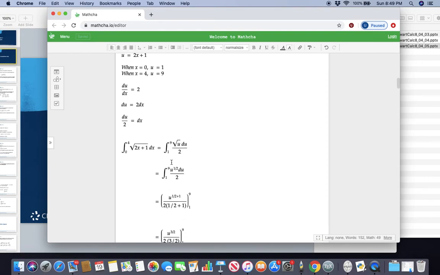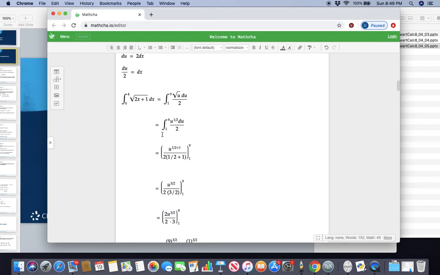Square root u is nothing but u to the power half. When I take the integral, I increase the power by 1 and divide by that new power. Don't forget there was a 1 half already. Now that I have taken the integration, I write 1 here and 9 here to represent that I'm going to evaluate this expression at these numbers.